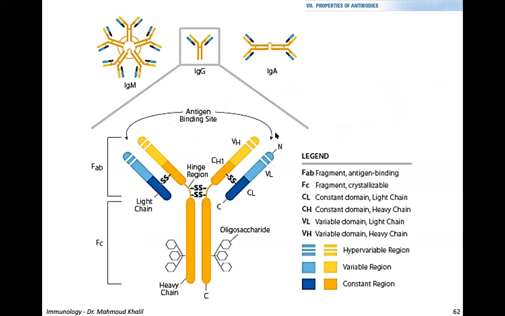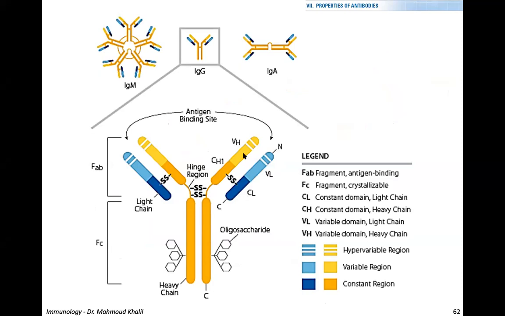Here again, you can see the different structure of the antibody. You can see that all this region is the fragment antigen binding site. Then you have the fragment crystallizable, or people say the constant region of the antibody. You can see where is the constant region of the heavy chain, and where is the constant region of the light chain. You can see the hinge as well.